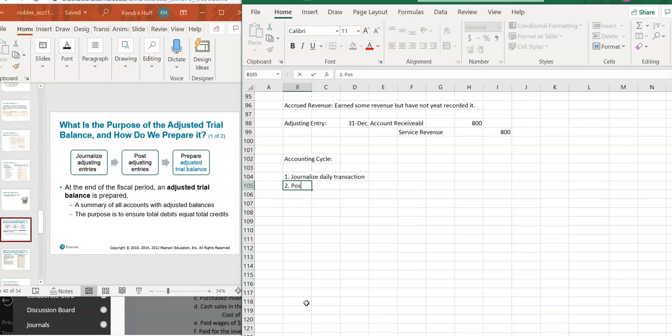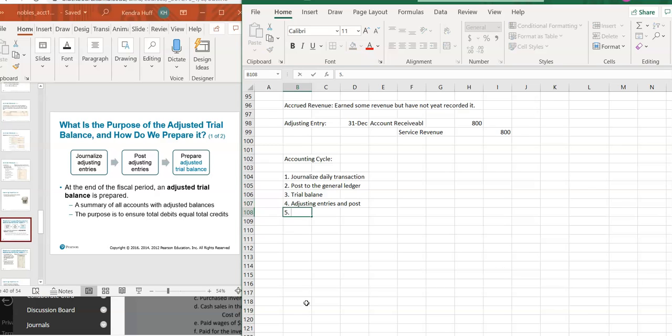The second step was to post to the general ledger. We also did that in chapter 2. The third step was a trial balance. That was chapter 2 as well. All right, fourth is adjusting entries, which is what we just did. And post them to the accounts.